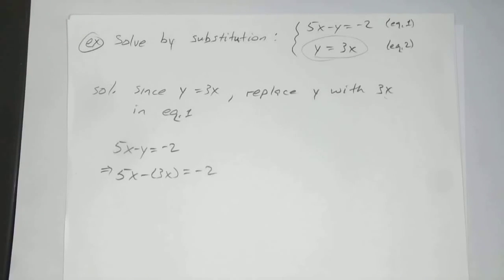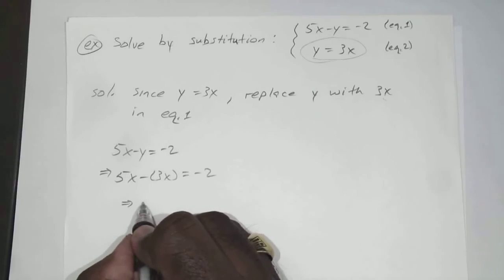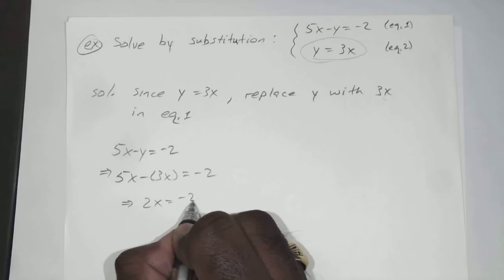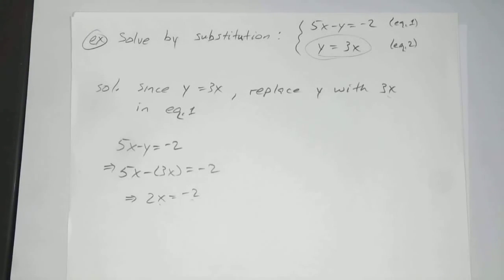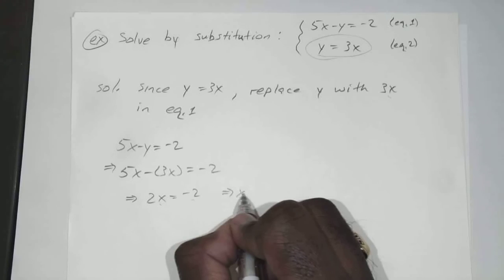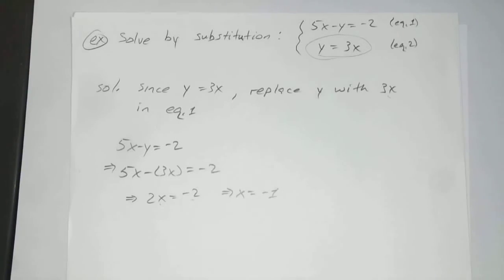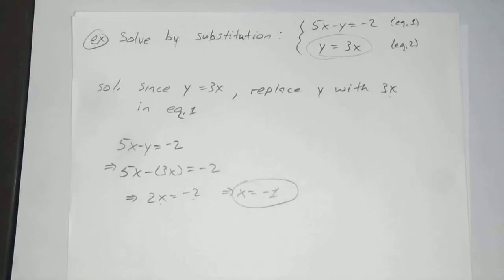So 5x minus 3x is just 2x equals -2. Divide both sides by 2. We have x equals -1. Once you solve for one of them, just plug that one in.